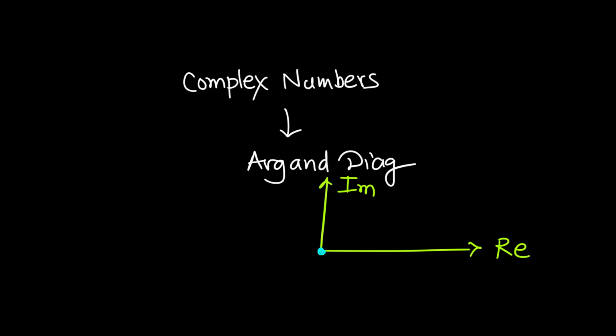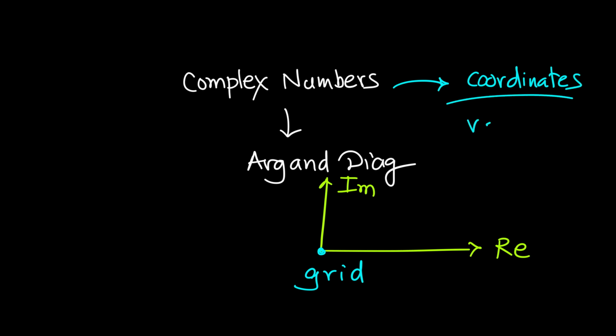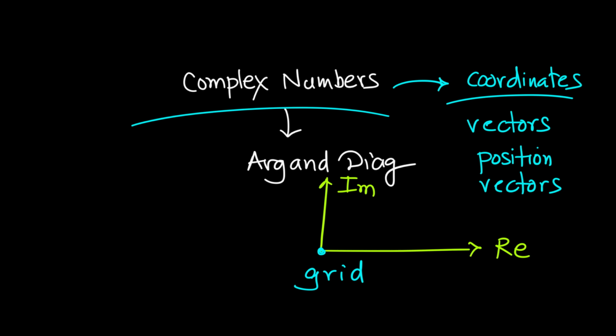We will plot the points just like on a normal grid. We convert the complex number into coordinates and we plot it. And we have drawn vectors with respect to origin also. They are known as position vectors. And that's the basic knowledge that we have learned in this video.